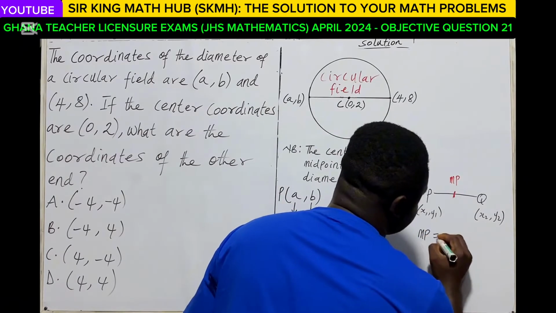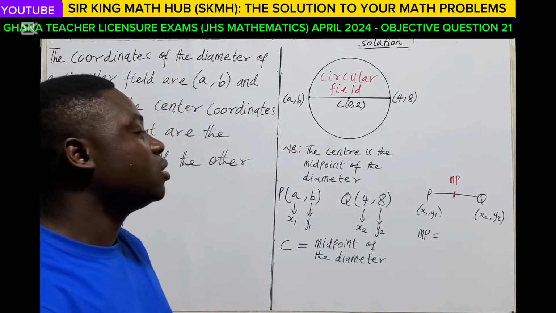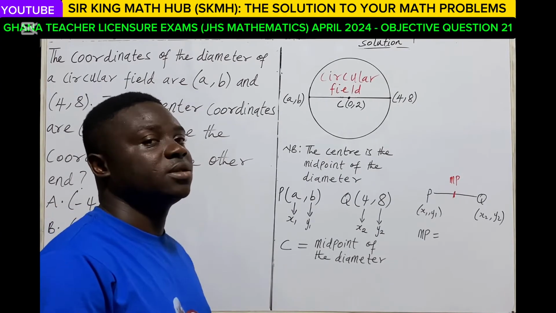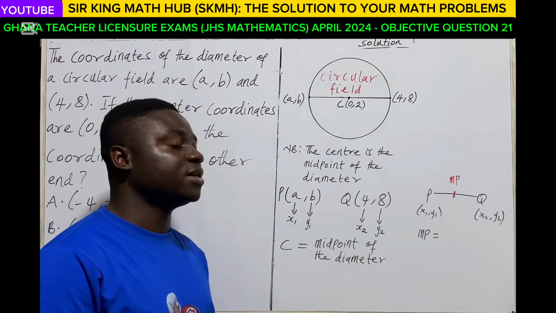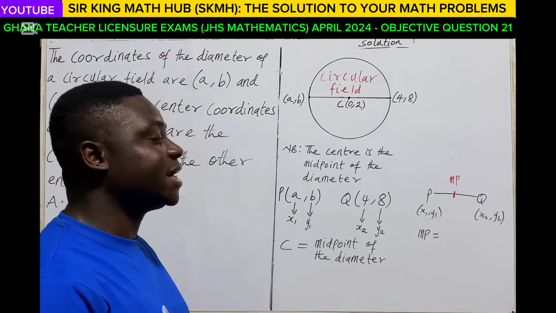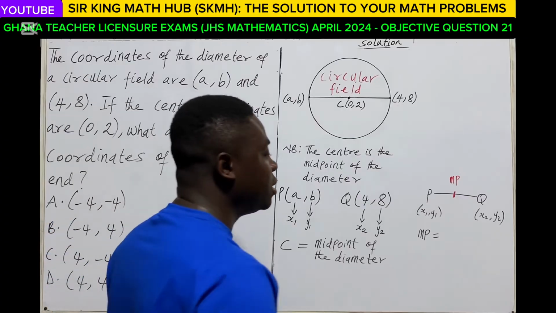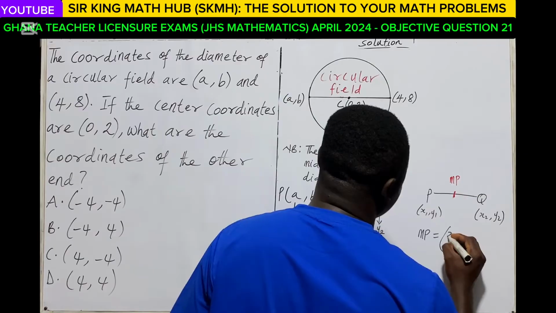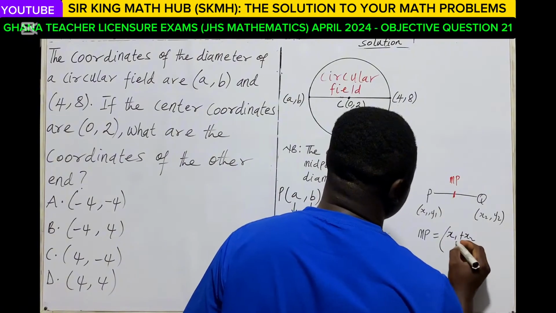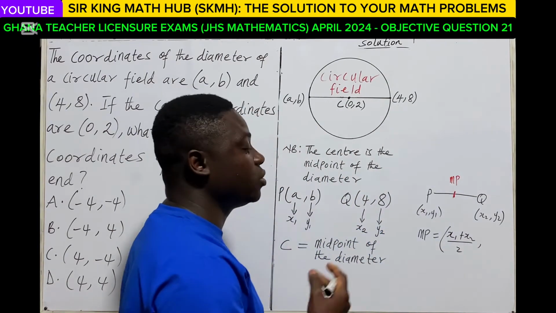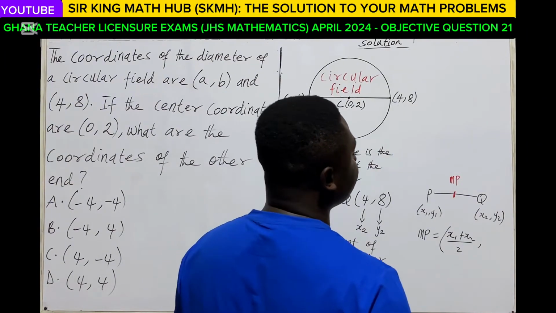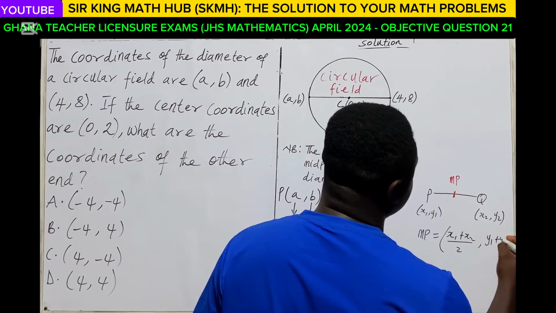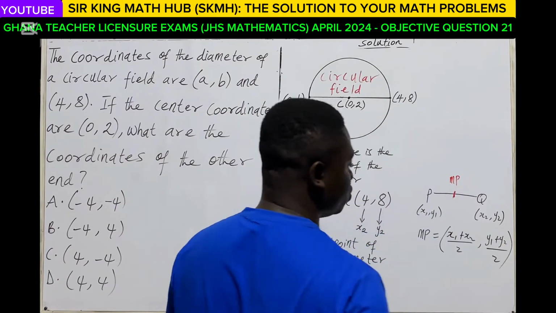The midpoint of line PQ is equal to, because the midpoint is a point, it will definitely have 2 coordinates, that is the X coordinate and the Y coordinate. To calculate the X coordinate of the midpoint, go by the formula x1 plus x2 divided by 2. To calculate the y coordinate of the midpoint, go by the formula y1 plus y2 divided by 2.